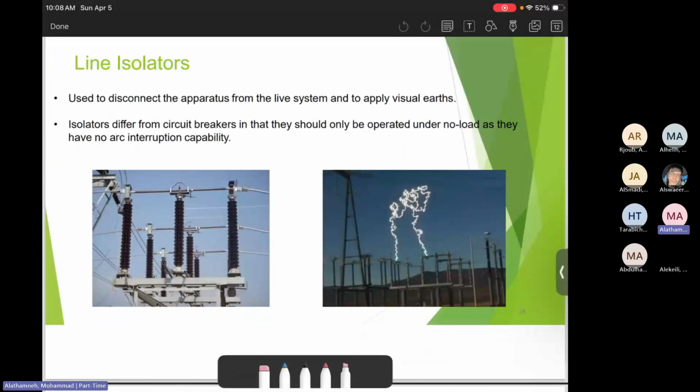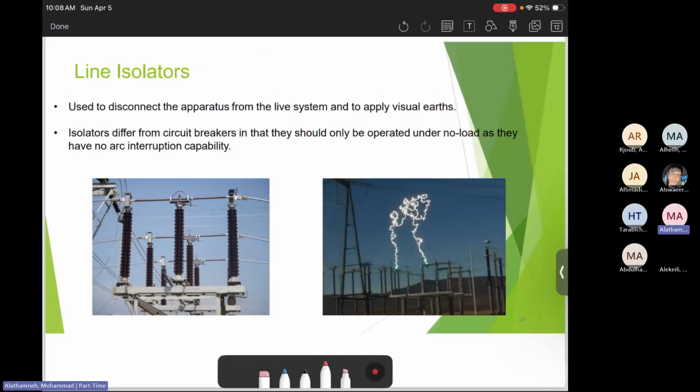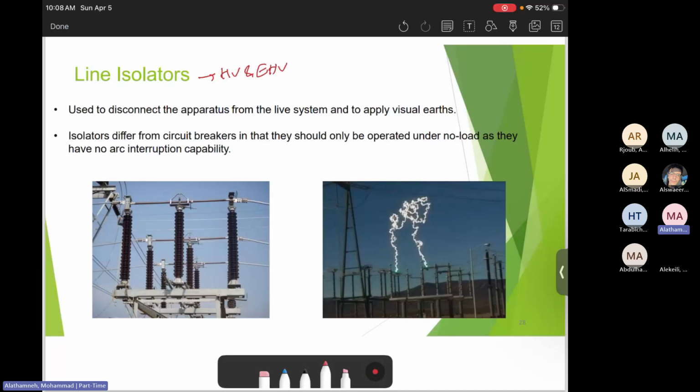They are available only on high voltage and extra high voltage. And they provide just a visual disconnection, just for extra safety.